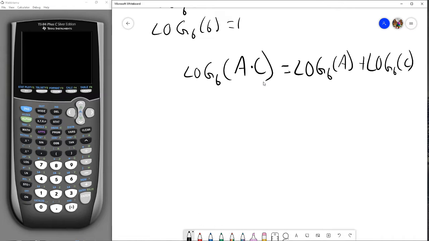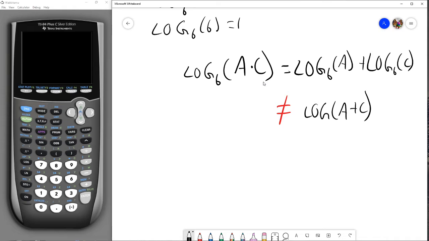Now we must keep in mind that this is not the same thing as log of a plus c.